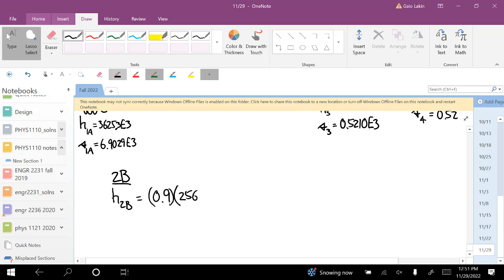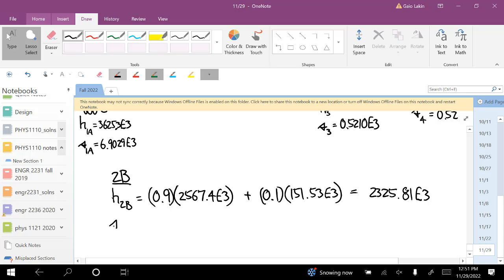So that's 2567.4 times 10 to the third plus 0.1 times 151.53 times 10 to the third. And you get an enthalpy of 2325.81 times 10 to the third.